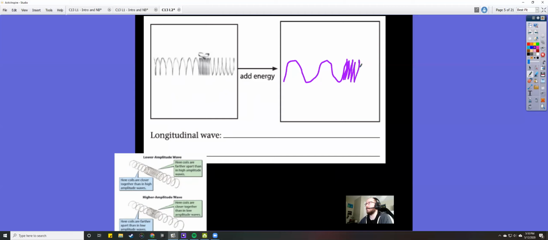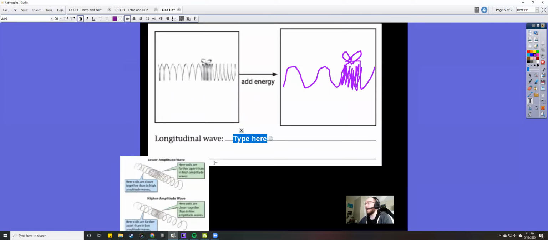This is an awful drawing. I gotta draw the bow. There we go. Perfect. So if you add energy to a longitudinal wave, you get more spread out rarefactions and tighter compressions.